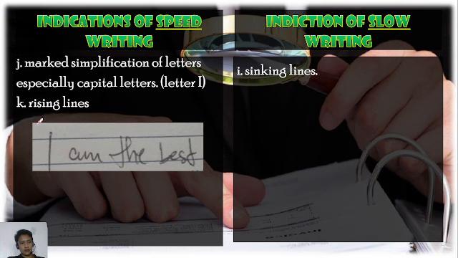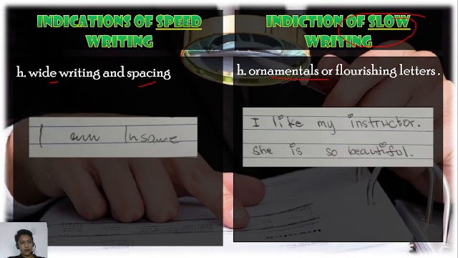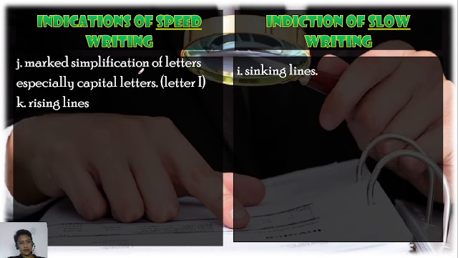On letter L. Okay, so mark simplification of letters. So instead, it's not letter L but it's letter I, I should say. So letter I, okay? So instead na lagyan ng mga ganito, simply just removing this one, simplification, right? So that is common on letter I.